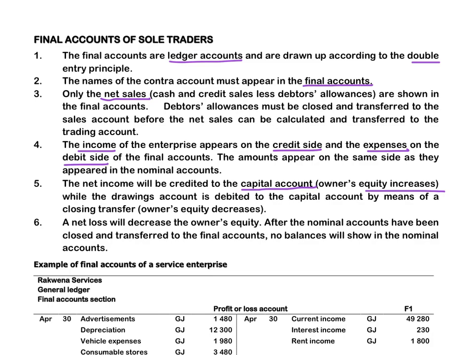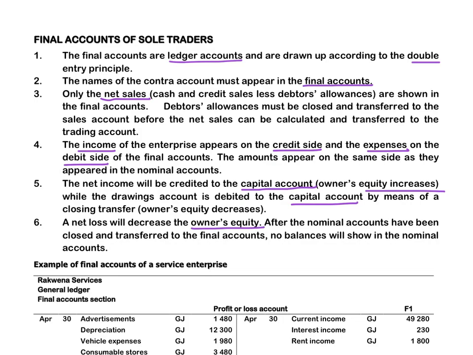The drawings account is also transferred to the capital account, so the drawings account has a debit balance, therefore we will debit the capital account and credit the drawings account to complete this closing transfer, to transfer the drawings to the capital account. And net loss will decrease owner's equity.